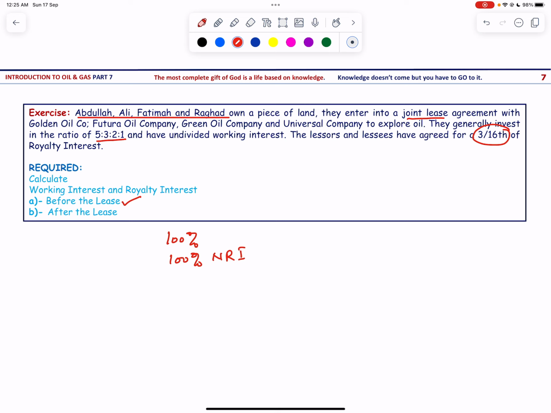The lessees have 0% working interest and 0% net revenue interest before the lease.